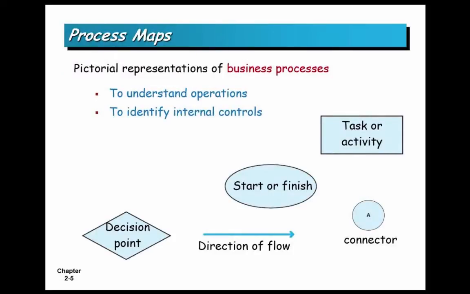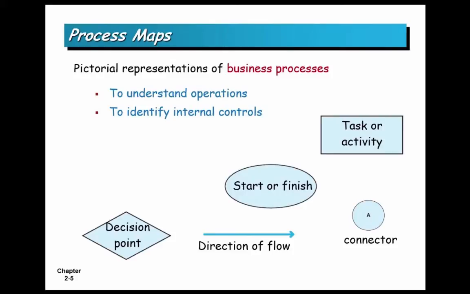So let's talk about process maps first. The nice thing about process maps is they don't have too many different symbols. 5 of them. It has a start or finish box. It has a task box. It has a decision point, direction of flow, and then a connector.